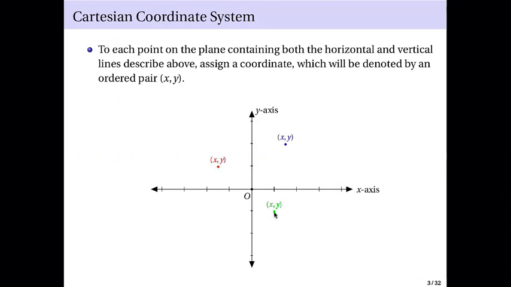This point also as x comma y. But later, we will give them their specific names, and the specific names are based on their exact location on this flat plane.